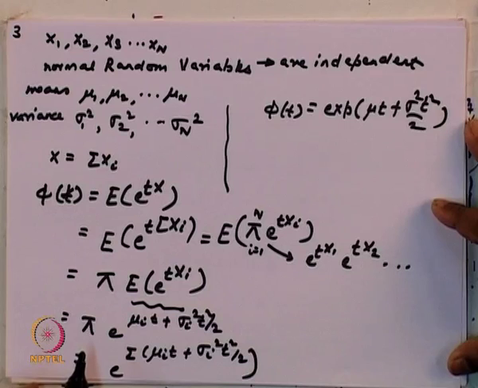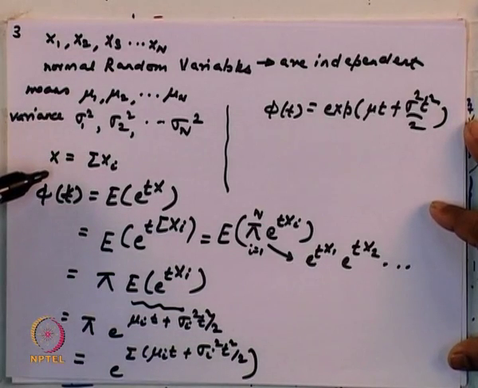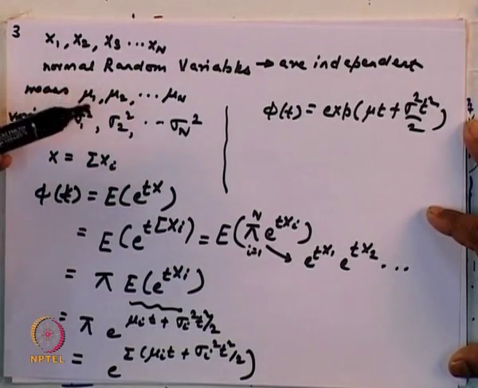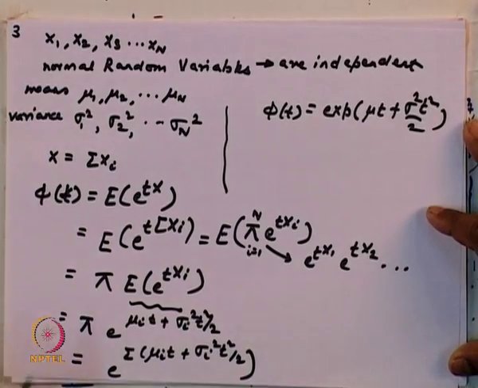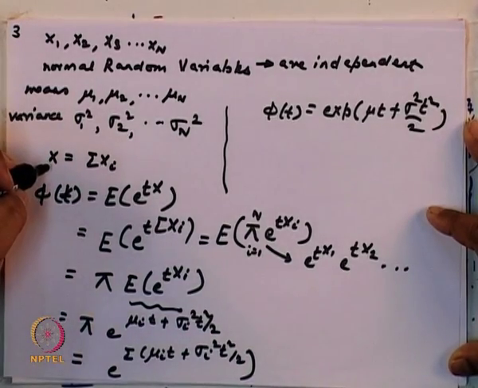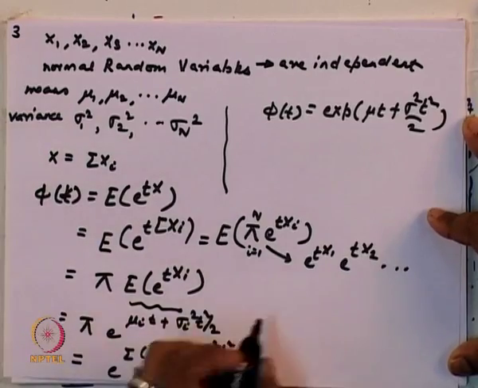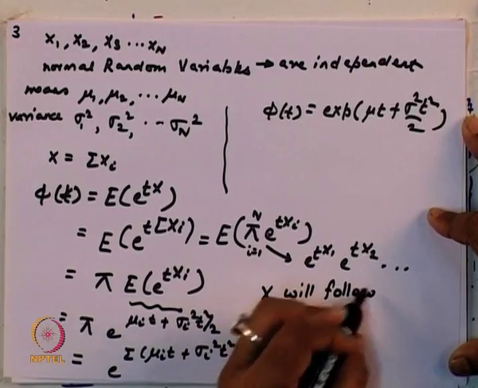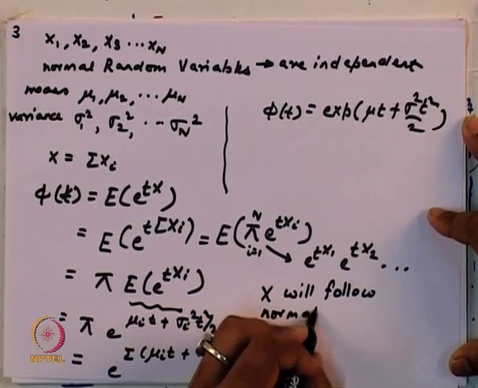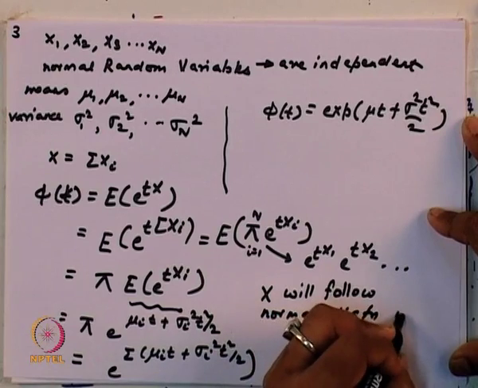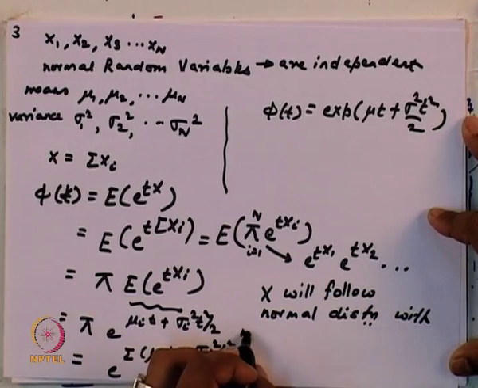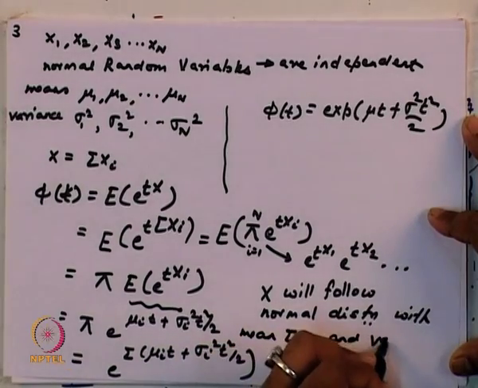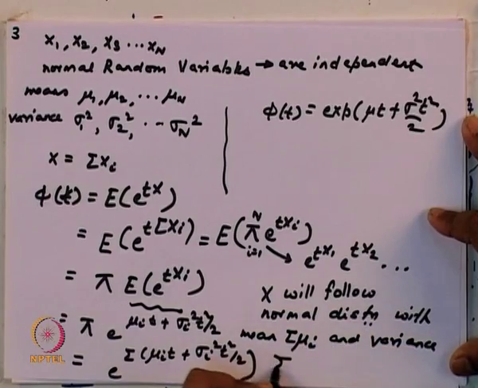This tells you that for the random variable which is defined as the sum of these independent random variables, which are normal random variables, x will follow a normal distribution with mean summation of mu_i and variance summation of sigma_i square.